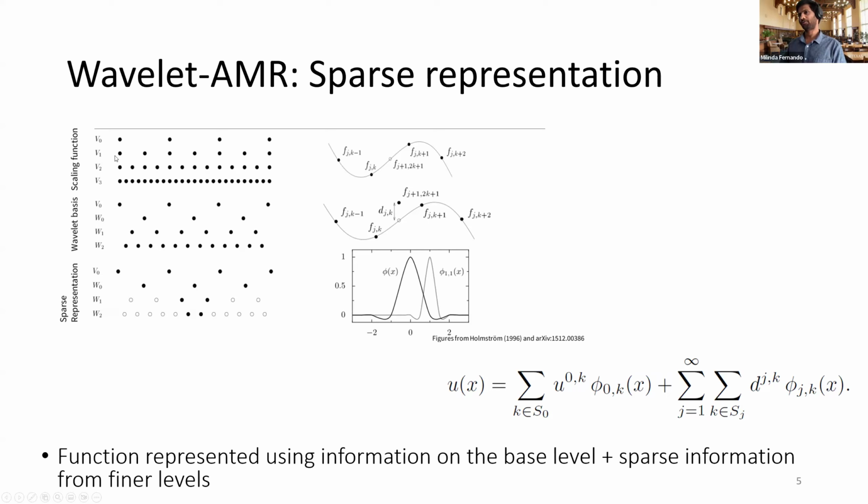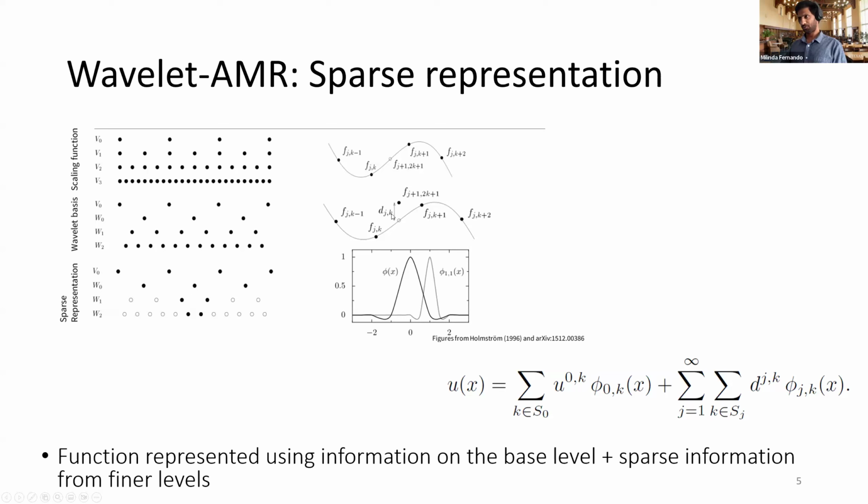For each level, if the information is not captured at that level, we use the information at the next level, up to the final level. This is exactly what these wavelet coefficients represent. Basically, we try to reconstruct the solution at the final level from the previous coarser level, and we see how much of an error we make when we reconstruct the solution at the final level.